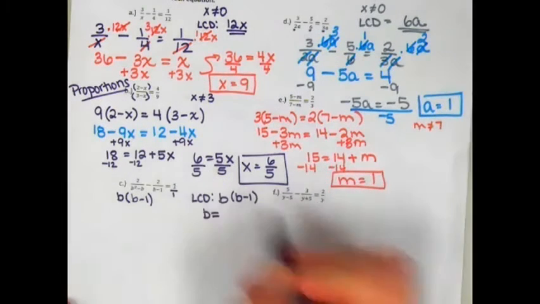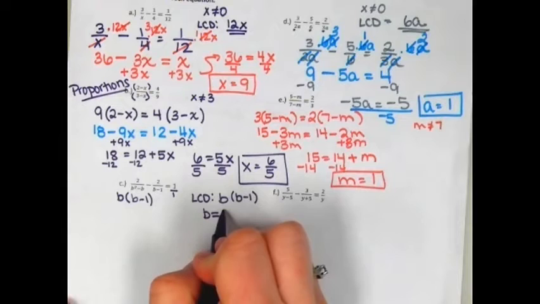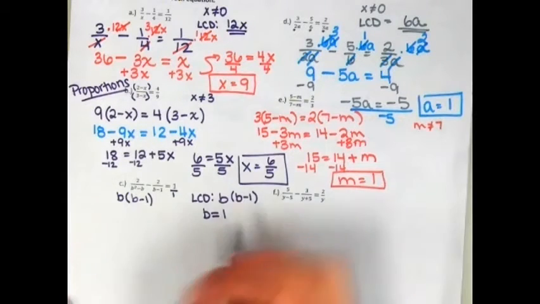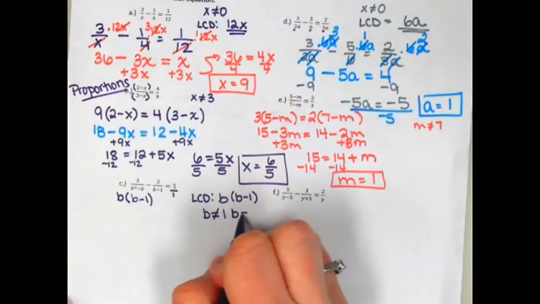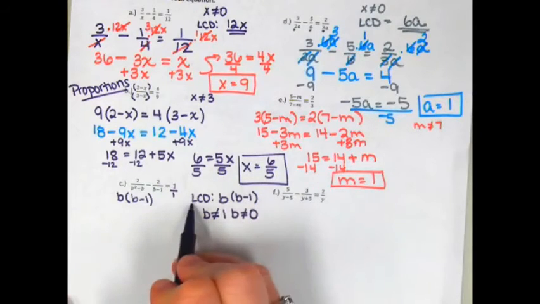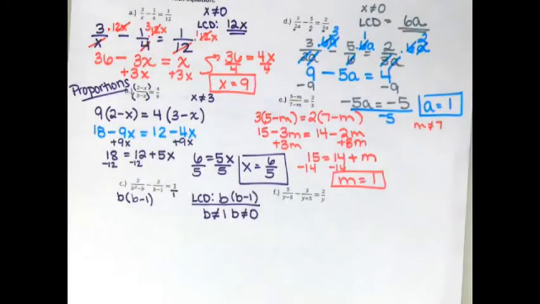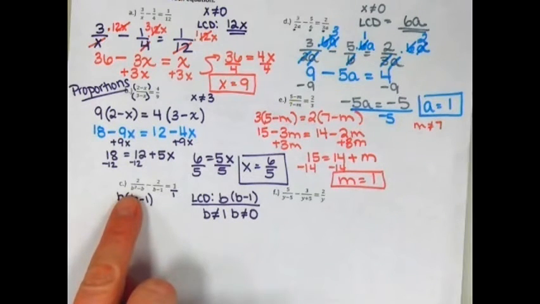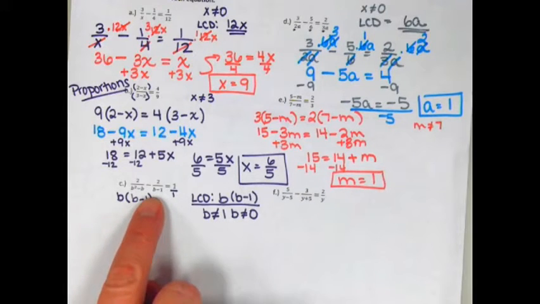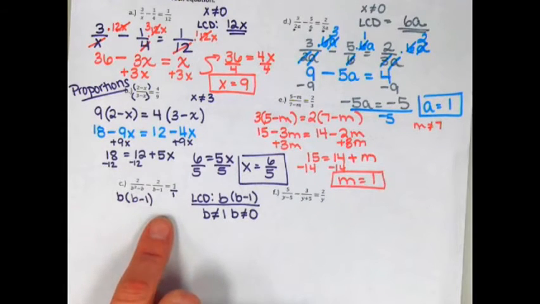B can't equal 1, or b can't equal what? 0, because it's based off your common denominator. Okay. Why? Because if I throw in 0, wouldn't my denominator be 0? And if I throw in 1, 1 minus 1 is 0, so that denominator would be 0, right?